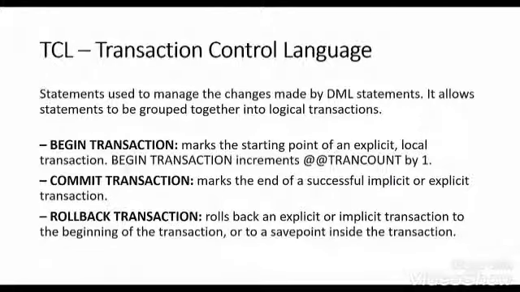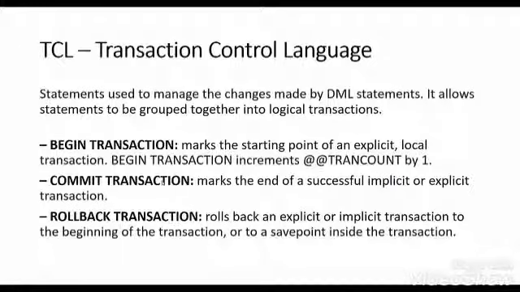When you are executing particular statements, you can bind those statements within begin transaction and commit transaction. Whatever statements are between those will all execute in a single transaction. So either all of them will be executed or none of them will be executed, right? Begin transaction marks the starting point of an explicit local transaction. This increments the tran count by 1. The commit transaction marks the end of a successful implicit or explicit transaction, right?